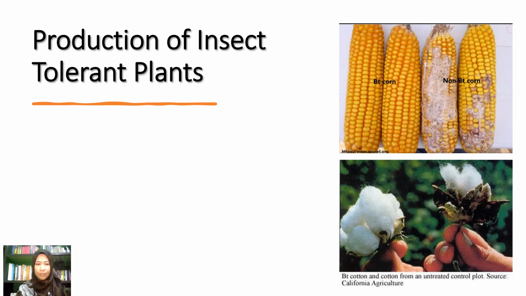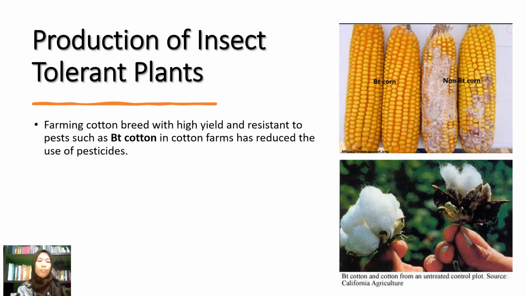Farming a cotton breed with high yield and resistant to pests, such as Bt cotton in cotton farms, has reduced the use of pesticide. So when we alter the genome of this cotton plant, surely this will reduce the use of pesticides. Why? Because fewer insects will attack these cotton plants.